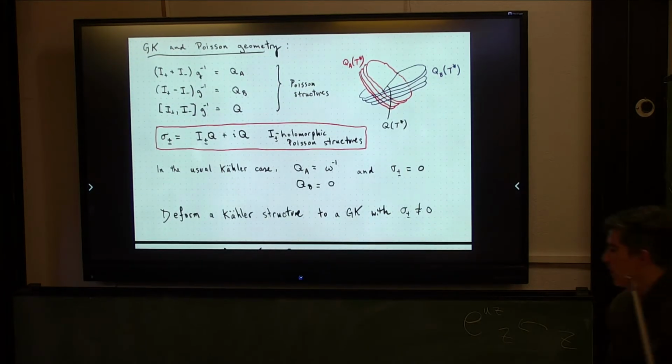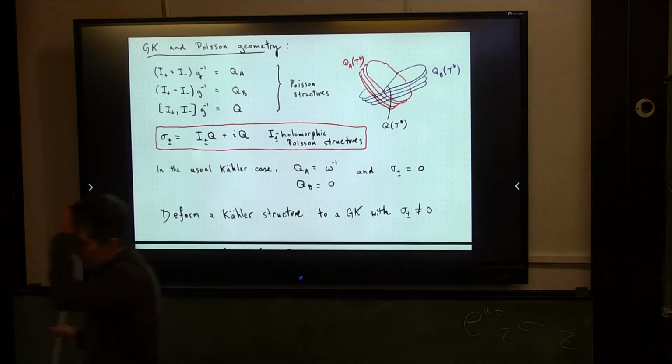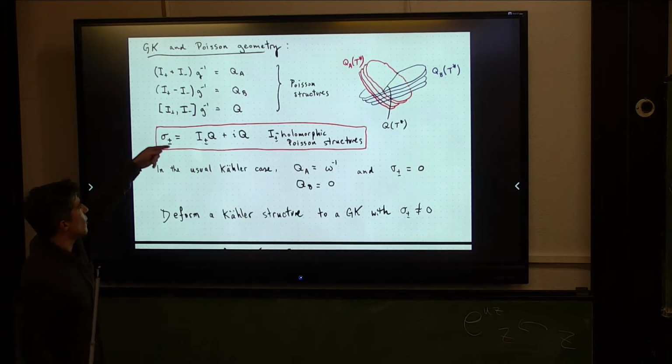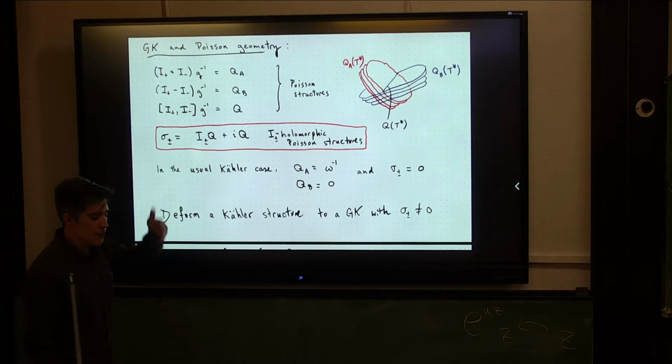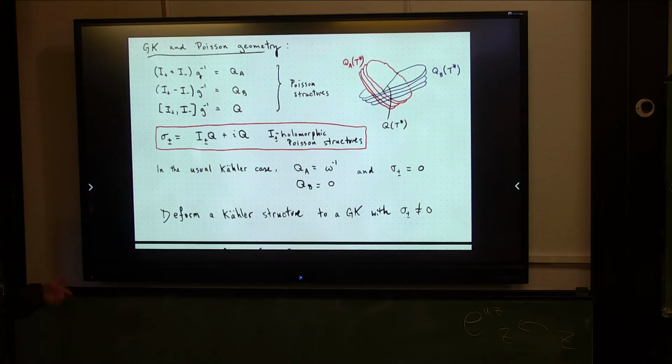Okay, so when we started studying this generalized Kähler geometry more carefully, we started to find that embedded within it, very different from Kähler geometry, is a whole bunch of Poisson structures. There are two important real Poisson structures and two important holomorphic Poisson structures, and they're different.